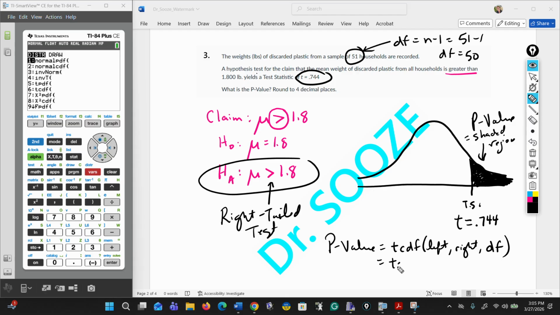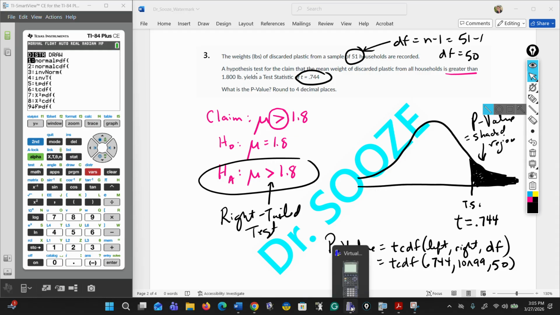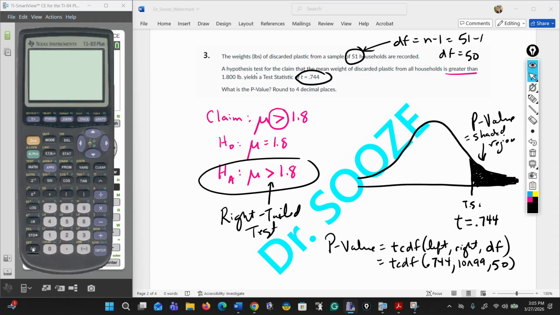So if I look at this, my left or my lower limit here, t-score is 0.744. My right one, well, in theory, this goes off forever. So I can't put an infinity in there, so I'm going to just give it a really big number. And then my degrees of freedom are 50. You must always give degrees of freedom whenever you're doing anything that involves t-scores. Okay, and again, if I just had an older model, that would be a really straightforward thing to do.